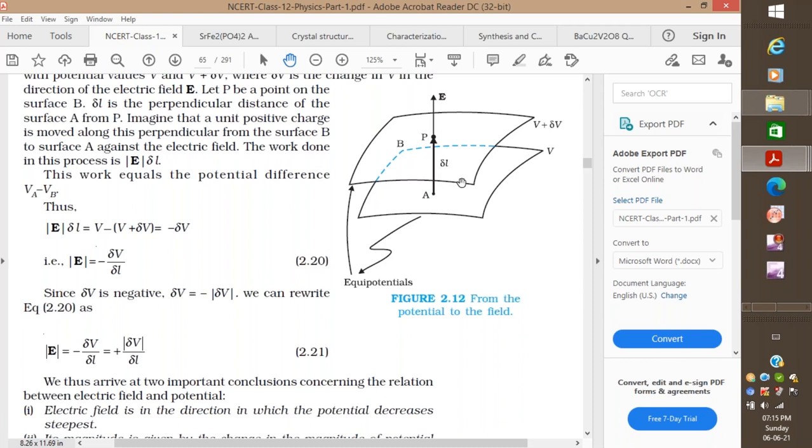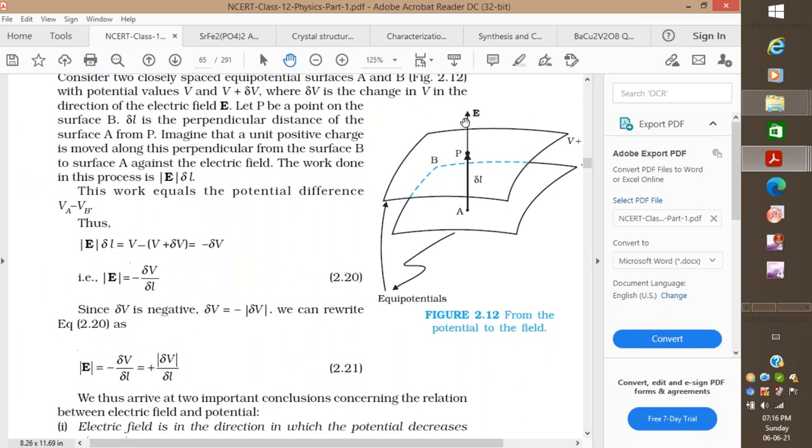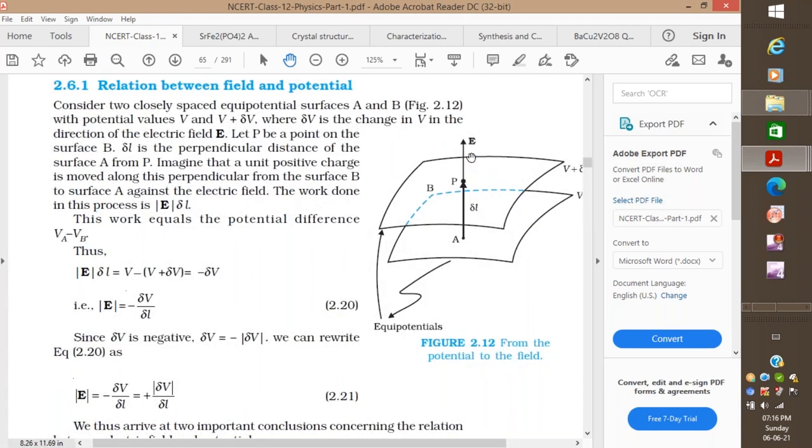I have taken this direction of the electric field arbitrarily, from A to P, and delta L is the perpendicular distance between these two equipotential surfaces.